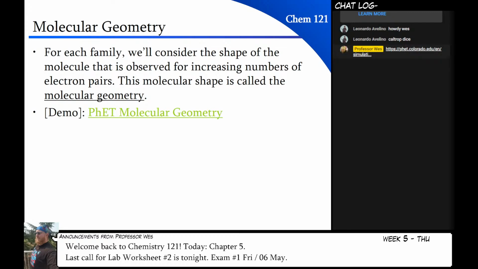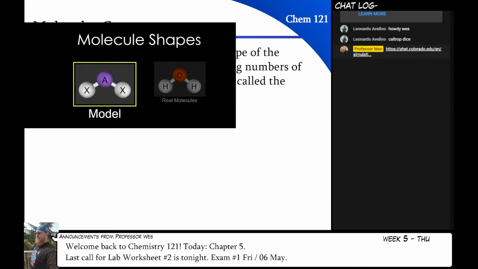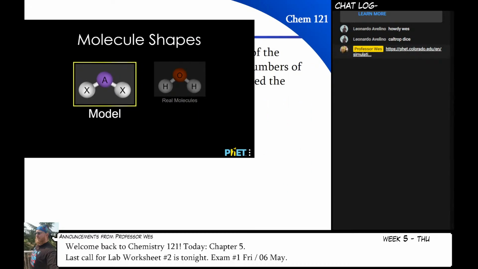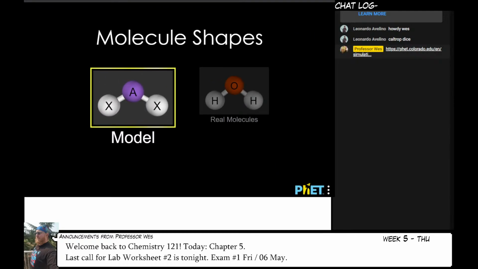Let me bring up on the screen what this looks like. Well, unfortunately, that's a little too small. There we go. All right. This is the molecular shape generator.